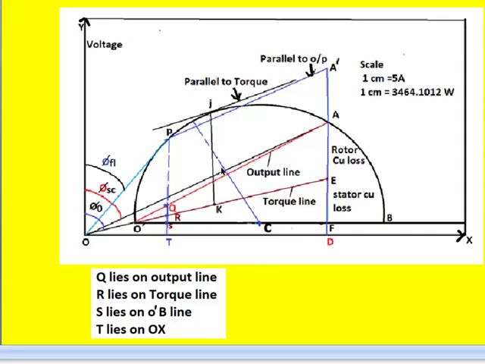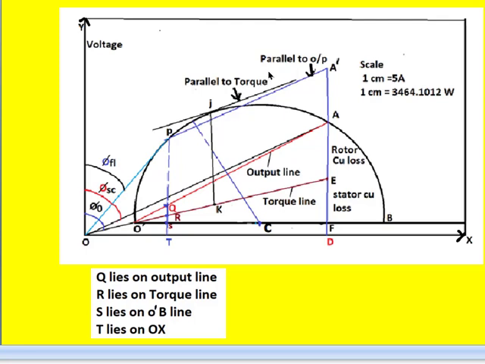We also obtained the slip, that is QR divided by PR, which is equal to 6.5%.